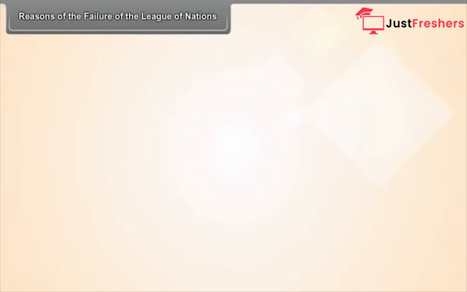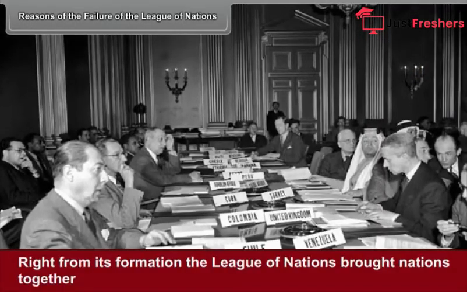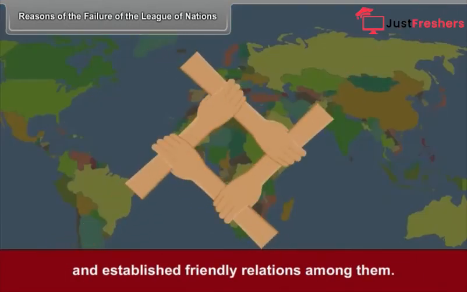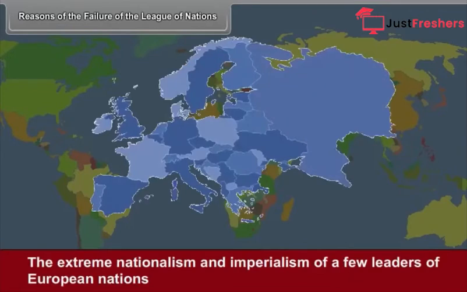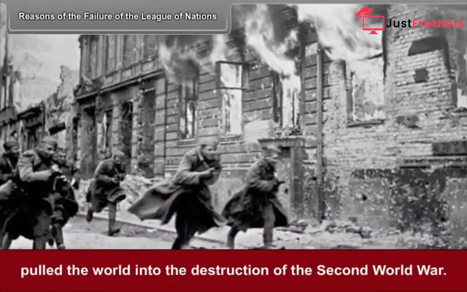Reasons for the failure of the League of Nations. Right from its formation, the League of Nations brought nations together and established friendly relations among them. The extreme nationalism and imperialism of a few leaders of European nations pulled the world into the destruction of the Second World War.